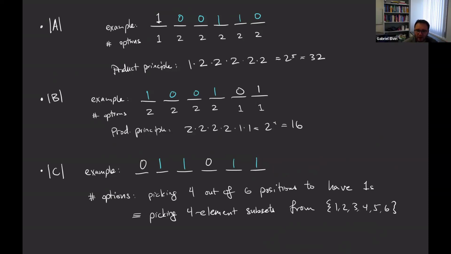Because I pick four, like for this one, I picked position 2, 3, 5, and 6. And that subset corresponds to this string because it says I'm putting the ones in those positions. And so however many of those subsets there are, that's how many of these bit strings there are.